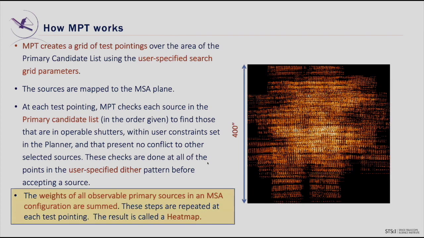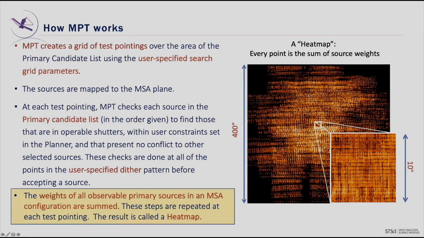So the weights of all of the primary sources, if weights are used in the planner, are summed at that grid point and then inserted into an internal heat map and kept track of. So eventually, you can see where I'm going with this. These brighter areas of the heat map are preferentially the ones that NPT will select for you as the best pointing to obtain the most sources, and certainly those of the highest weight if weights are used.